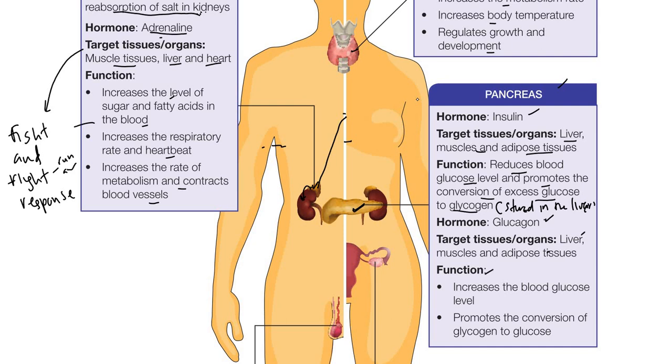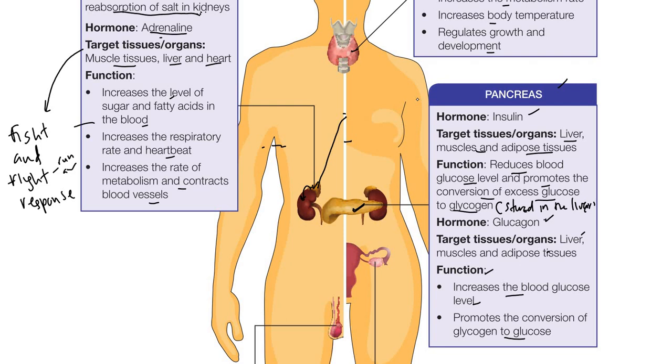So for the second hormone, glucagon, the same target organs are the liver, muscle, and adipose tissue. Its function is to increase the blood glucose level and promote the conversion of glycogen to glucose. For example, if you lack glucose, maybe you did not eat, maybe you are fasting, not eating for one day. So what happens?